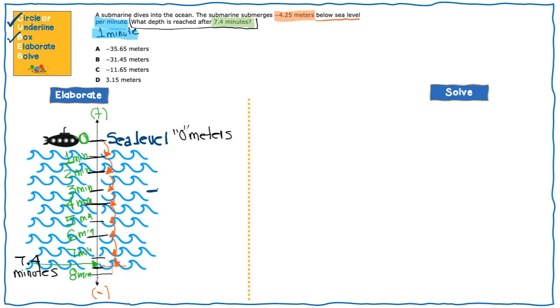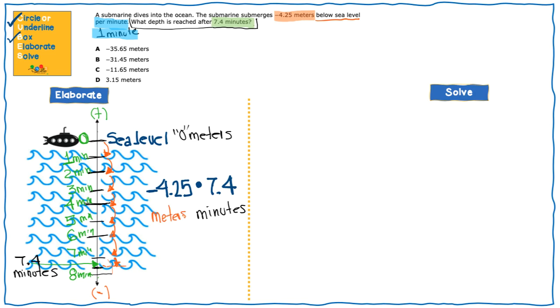But anyway, now I'm gonna try to come up with a math sentence. And what I notice here is that the number negative 4.25 is being repeated. I'm going to use the multiplication dot. And it's being repeated how many times? Yes, you're right. It's being repeated 7.4 times. So I'm going to put 7.4. And this 7.4 is the minutes.